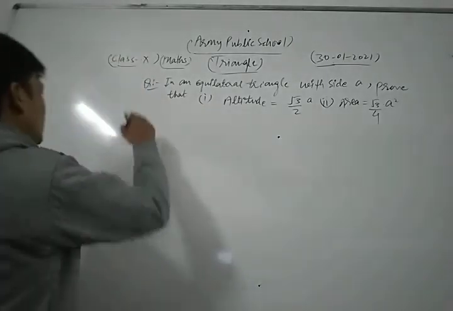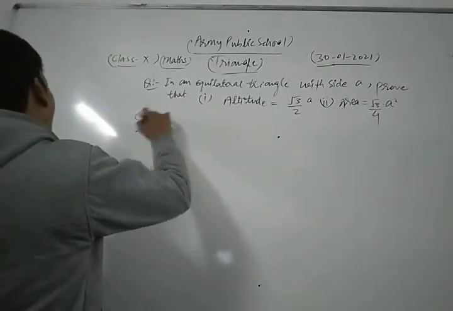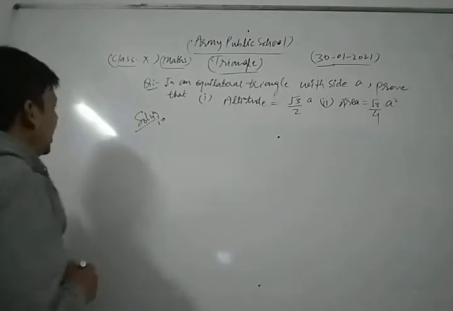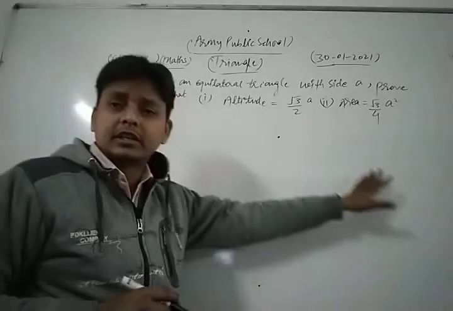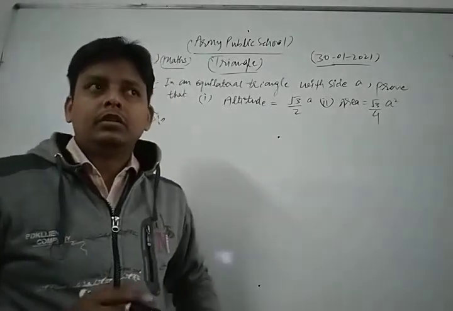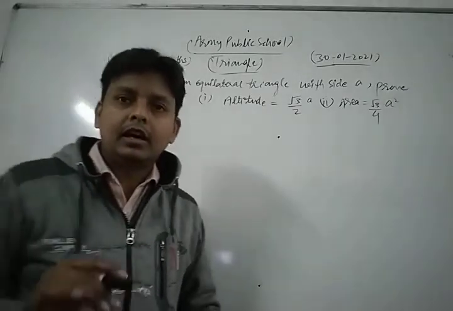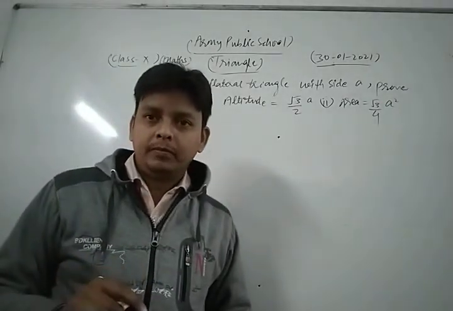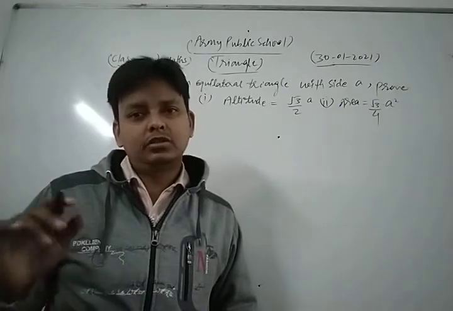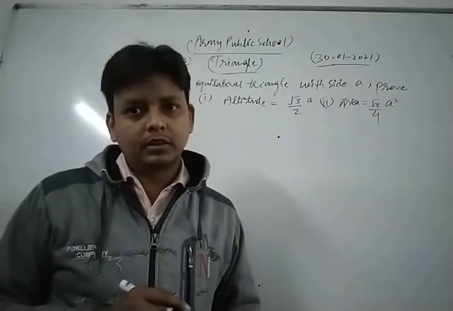So first of all, we draw an equilateral triangle, and you know that for any equilateral triangle all of its sides are equal and each angle is equal to 60 degrees. This is the concept of an equilateral triangle.